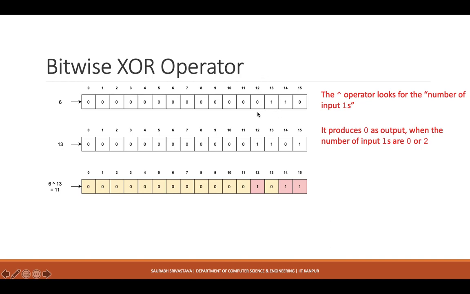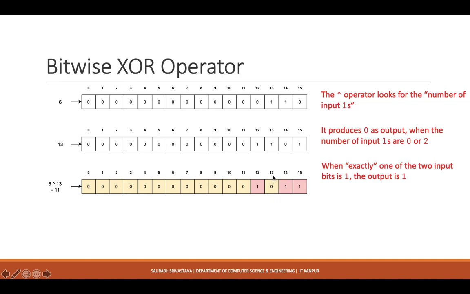For instance, on bit number 12, bit number 14 and bit number 15, it only sees one of the inputs as 1, so the output is 1. But on bit number 13 here, it sees two ones, and the output is 0.